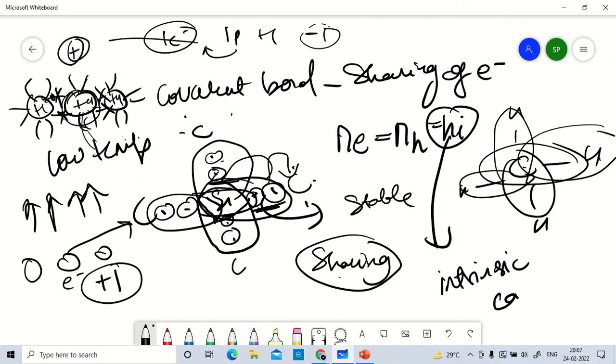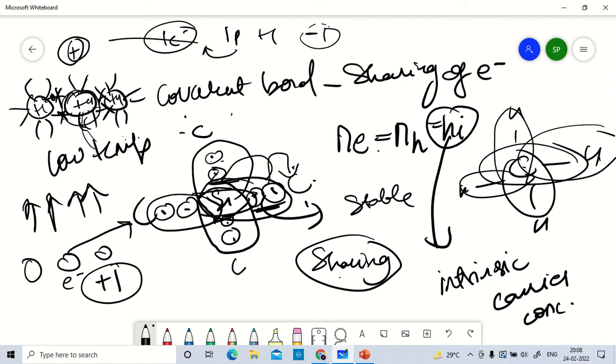Again, as the temperature is increased, more and more thermal energy is supplied, and that heat causes the electron to break free from its covalent bonds and become a free electron, contributing to conduction.